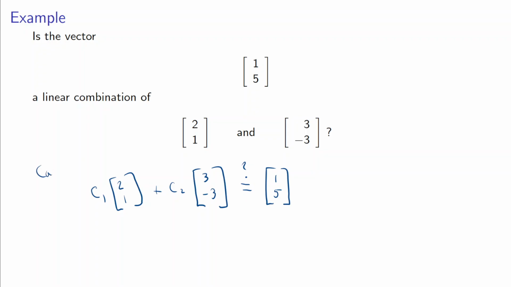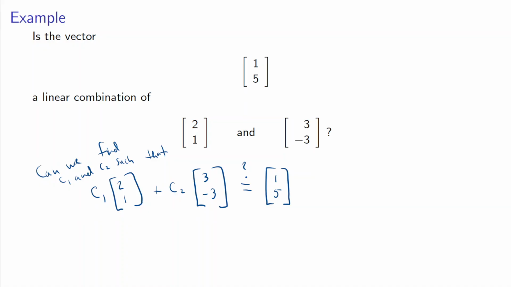So can we find c1 and c2 such that c1 times (2, 1) plus c2 times (3, -3) equals (1, 5)? If we were to start putting these together, just assuming this was possible, what would that mean?